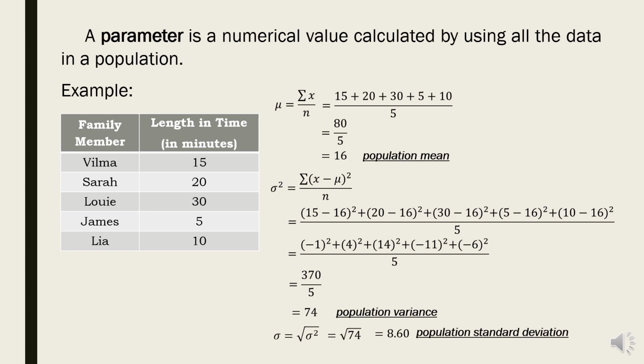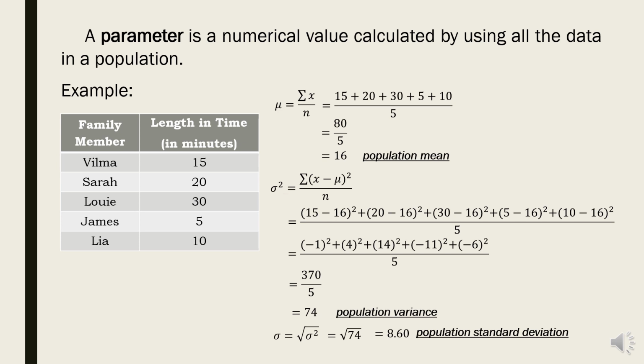And take note, if we're going to compute the mean of a population, we will use the symbol mu to indicate that it is the mean of a population. And we will use the symbol for the variance, sigma squared, to indicate that it is a population variance.